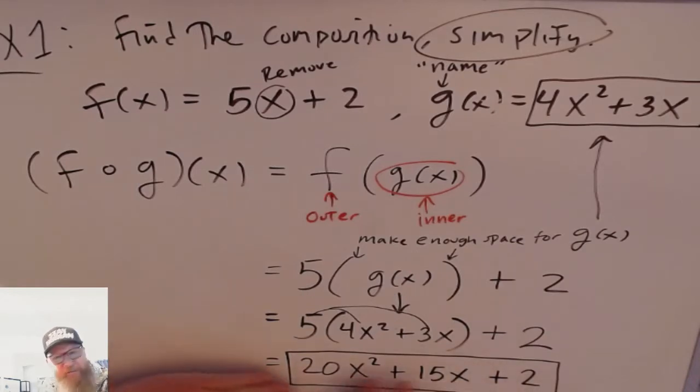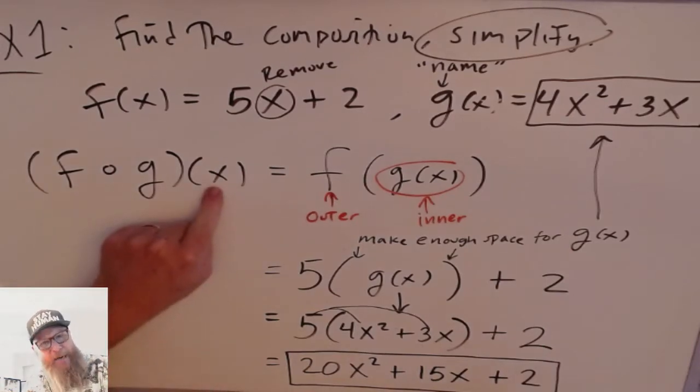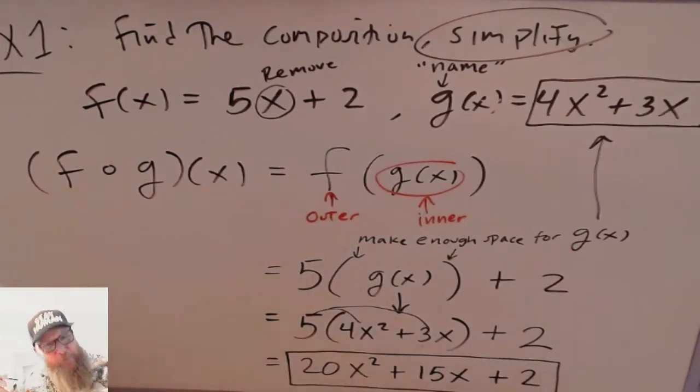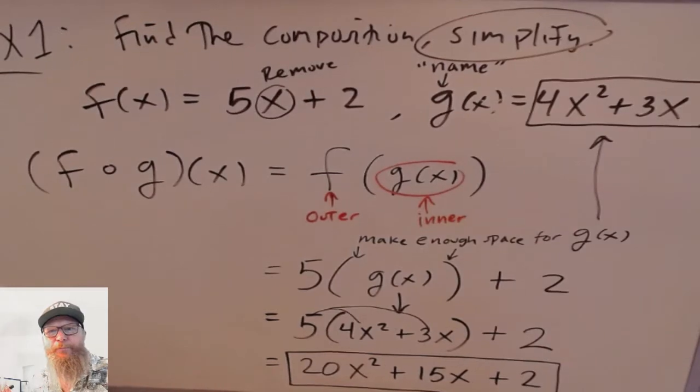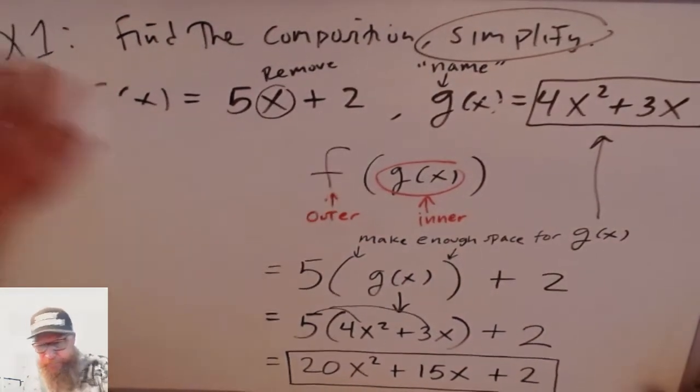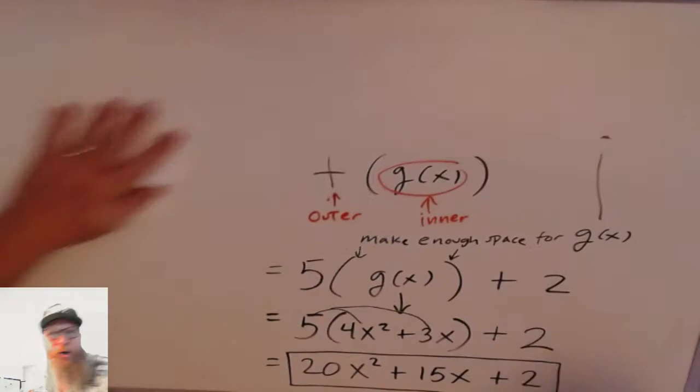Since we don't have a value for x, we don't have an input yet, that is the final answer. If I were to put an input, then we would get an actual numeric result. So that's fog. Well, if you can fog something, then you should be able to golf it as well.